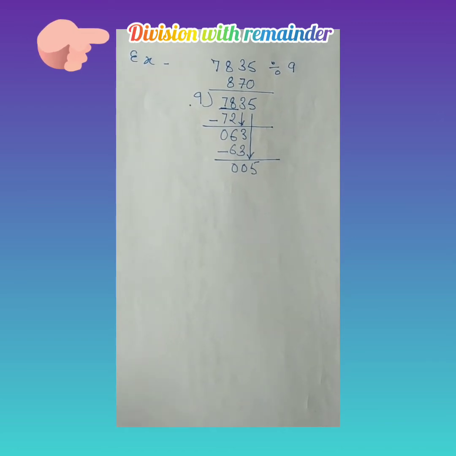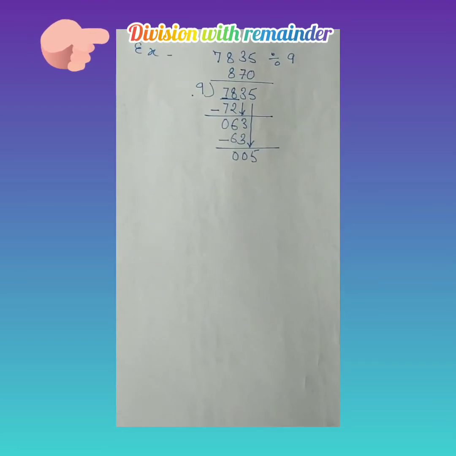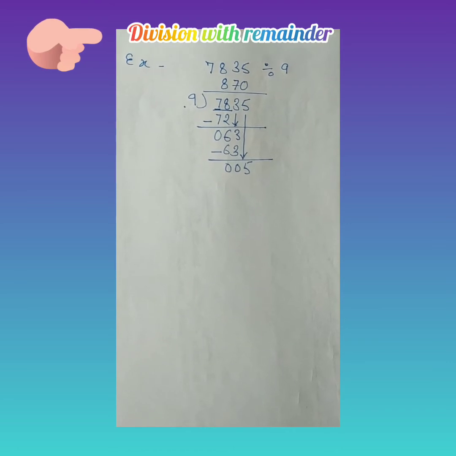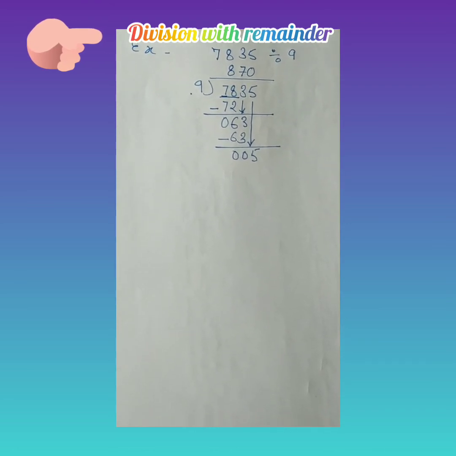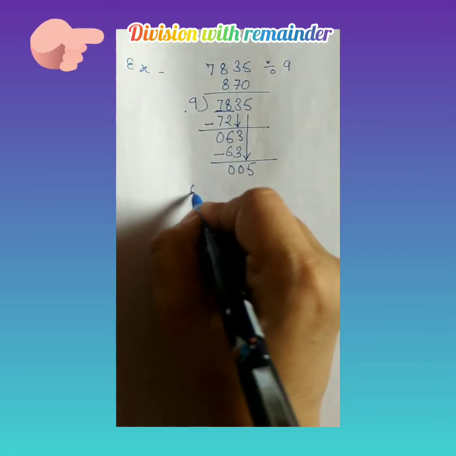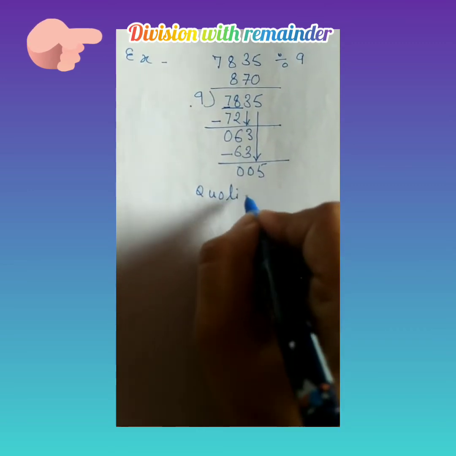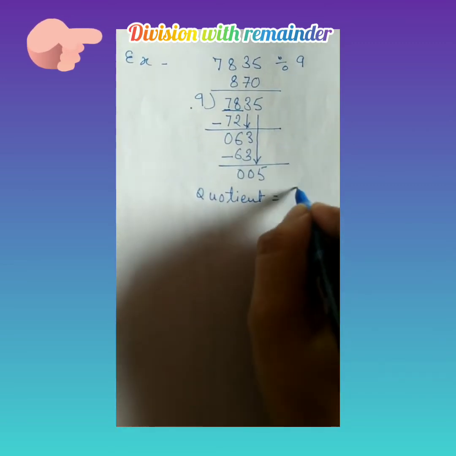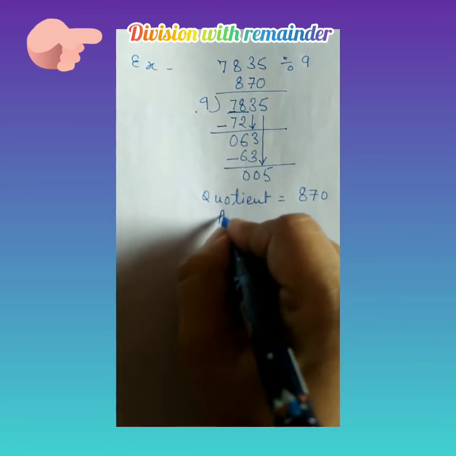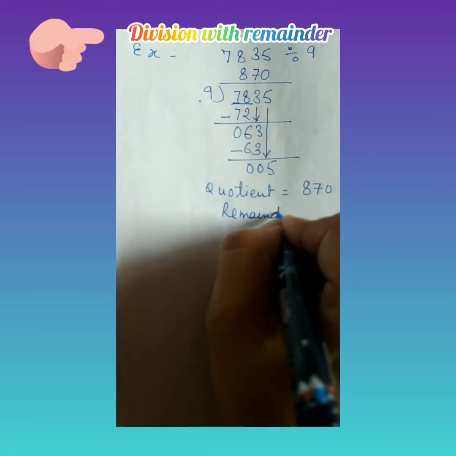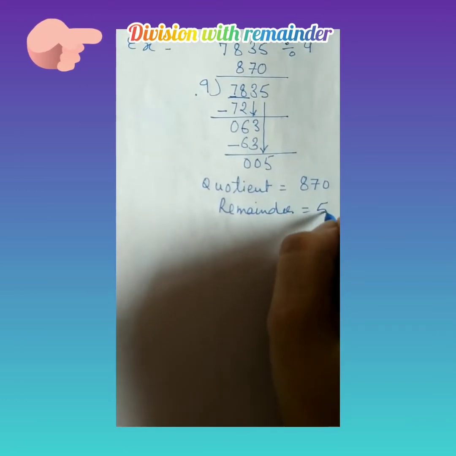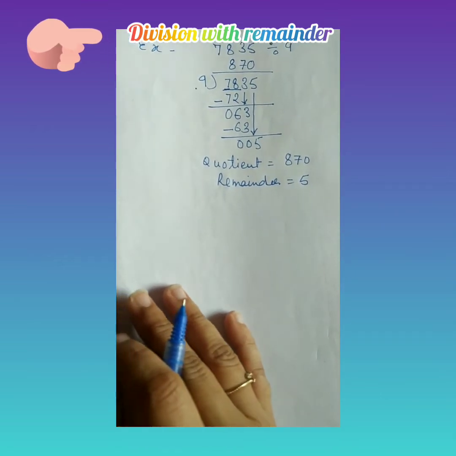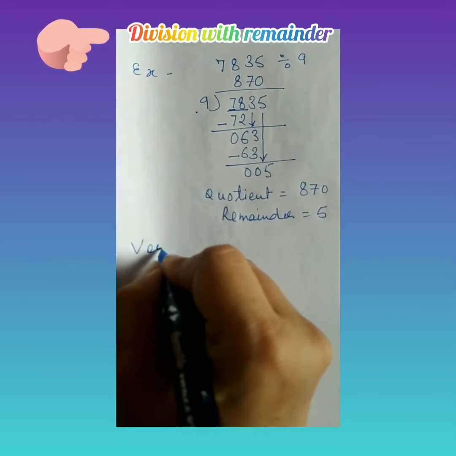But we don't have any next digit to solve the problem. So we will stop here only. Now the quotient we got is 780 and the remainder is 5. Right? Now we have to do verification.